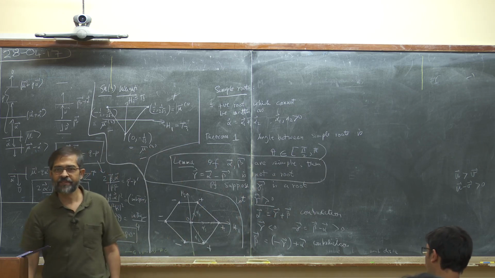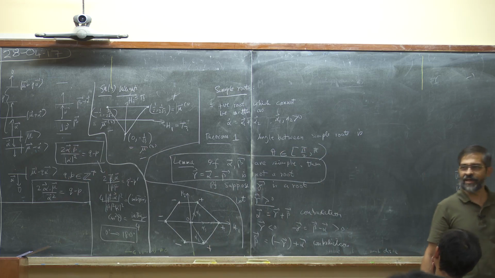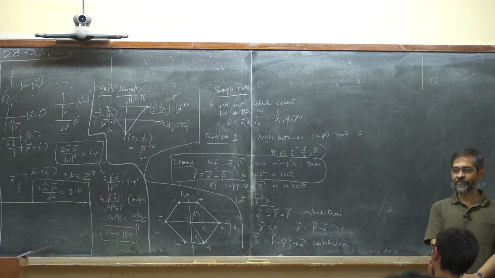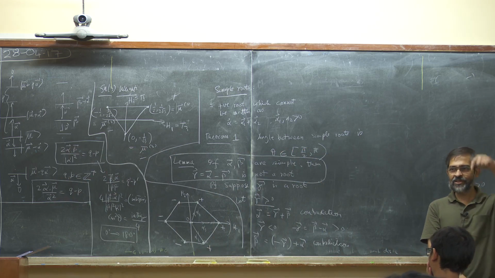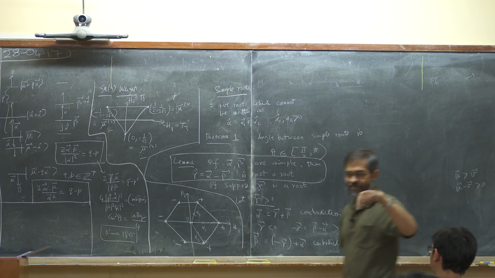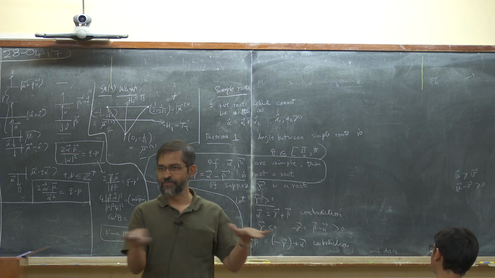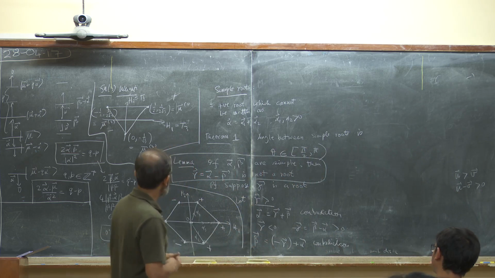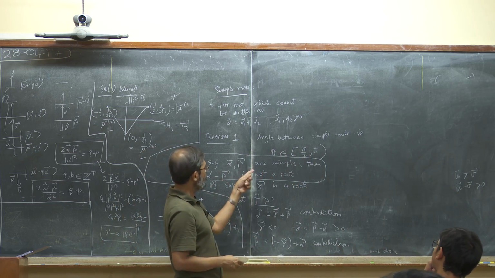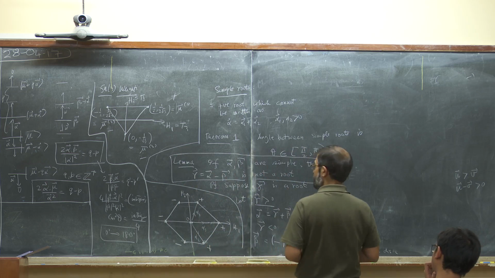What does it mean? That means that the simple roots are basically at the bottom of a tower, because you are trying to lower the eigenvalue starting from a simple root. You cannot do it, because if they were not at the bottom of a tower... Or the top of the tower, right? No, bottom of a tower.